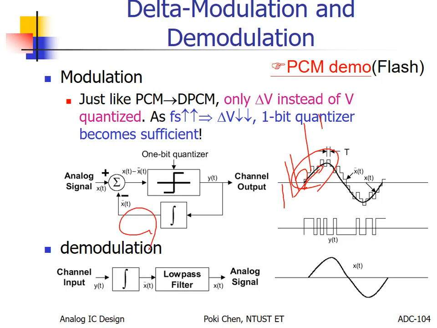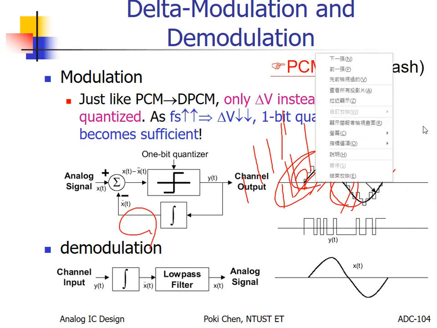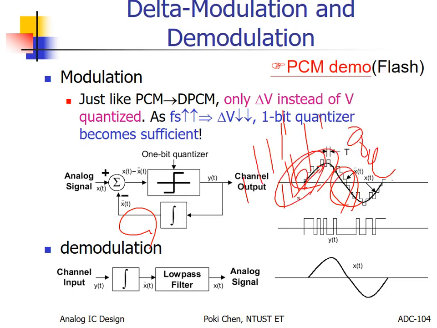You need to step up. However, if like this, you need to step down, right? So here you will get a lot of ones, and there you will get a lot of zeros. Got it? And how about the flat region?